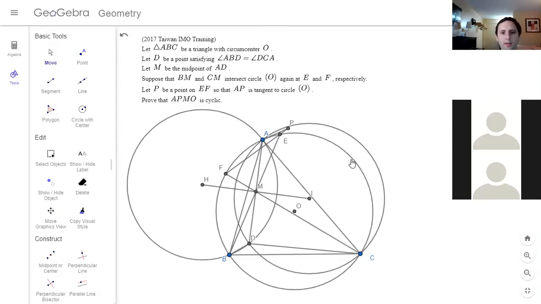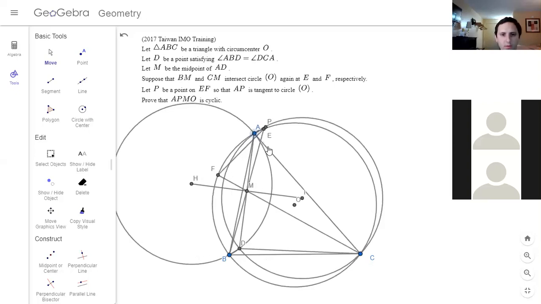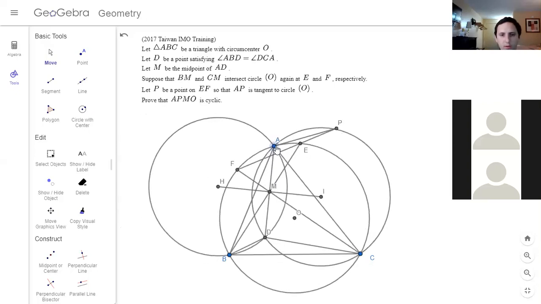Maybe some medians. We could use some medians somehow, although there's not much. Yeah, let's see. I don't know.